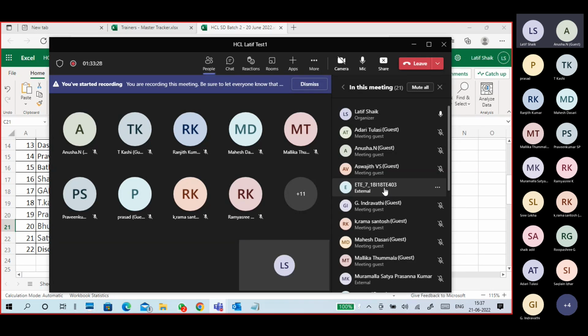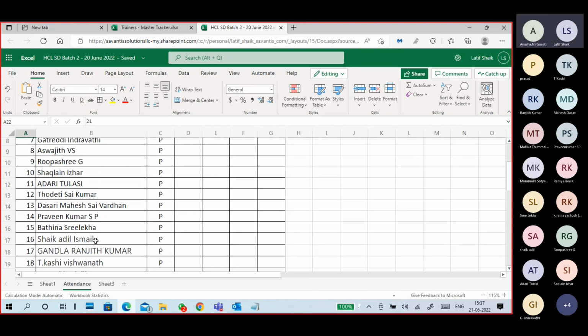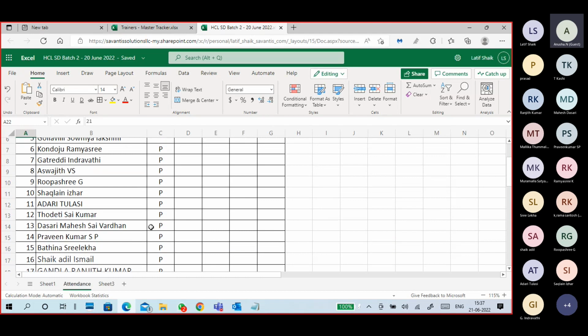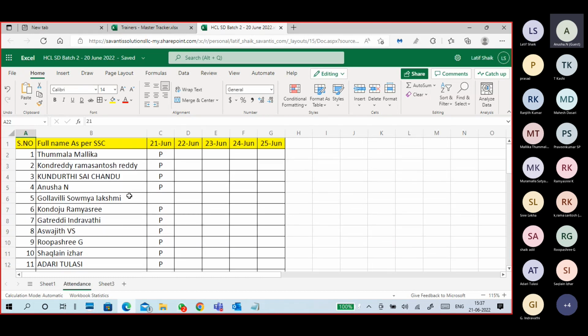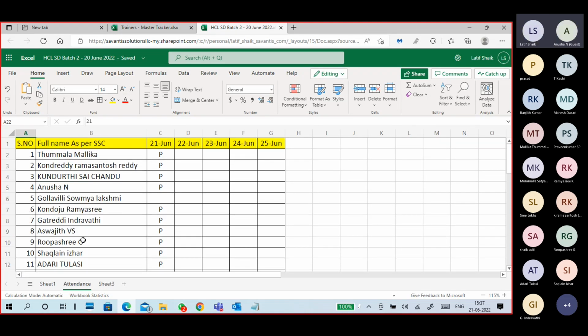Your BTech number is there. So this is Sarshita. Your name is here? Harshita. Today I joined, just now. Is your name not in this list?